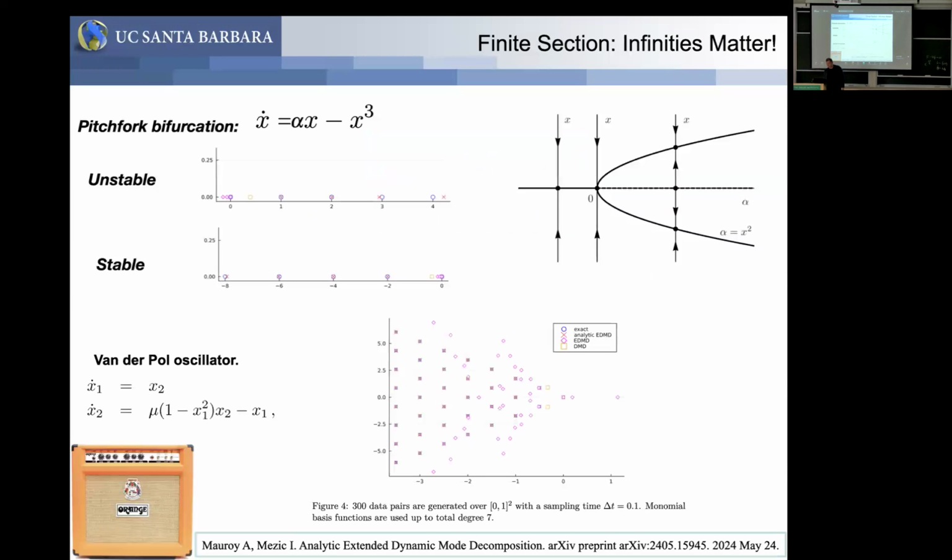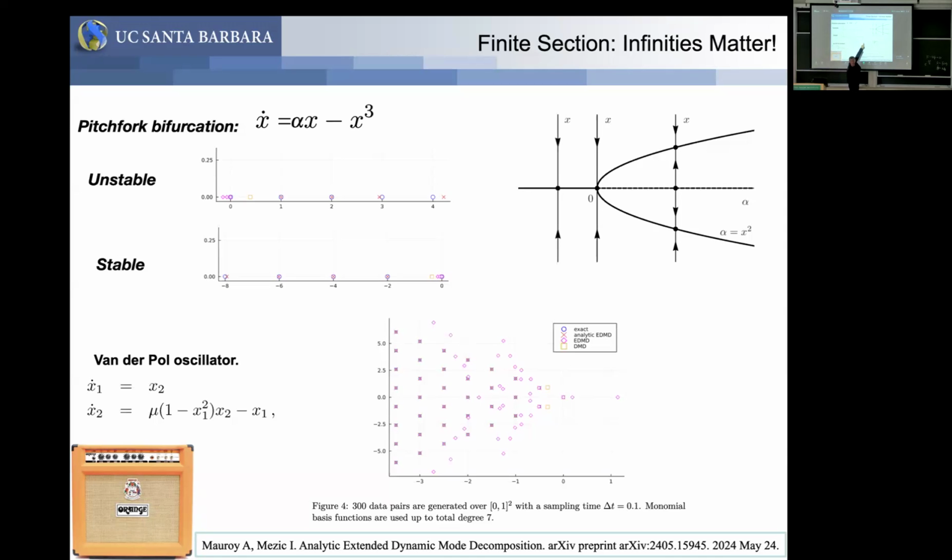But here is what we get with it. x dot is alpha x minus x cubed. Bistable. What do you expect for L2? You expect eigenvalues 0 because on an attractor, the attractor is the fixed point. So you can't get anything else but 0. There is no dissipation on the attractor, right? Indeed, you do a computation, and I don't think you can see this very well, but 0 is here. You see a bunch of points around there.